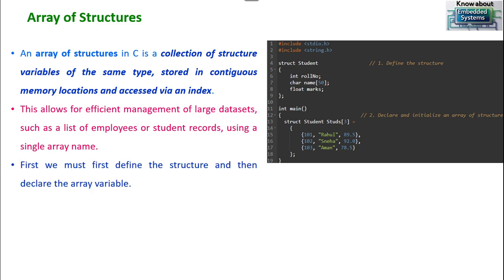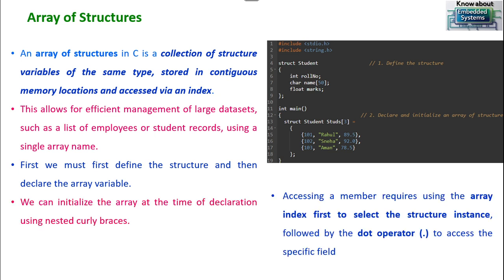So how do you declare this array of structure? To define the array of structure, I need two important pieces of information. One is the base structure declaration. Here the first one you can see, struct student. This is called the base structure, where I will have information like roll number and so on.